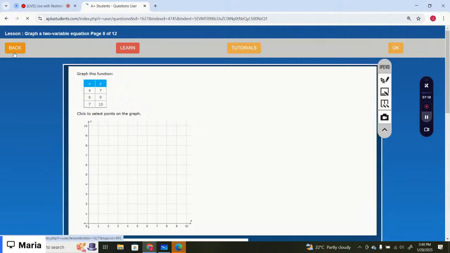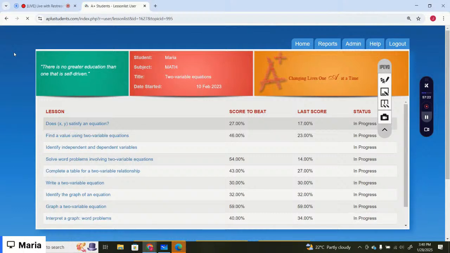So we were working on grade 6 math. The chapter we're working on is two variable equations.